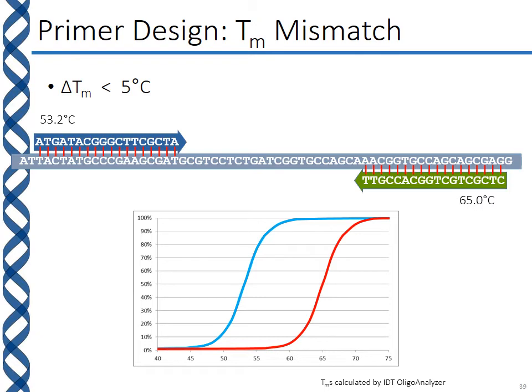Why does that matter? Well, if you were to run your reaction at the TM of the reverse primer, 50% of the reverse primer being bound means that essentially none of the forward primer has bound, because all of those molecules are in their single-stranded formations.